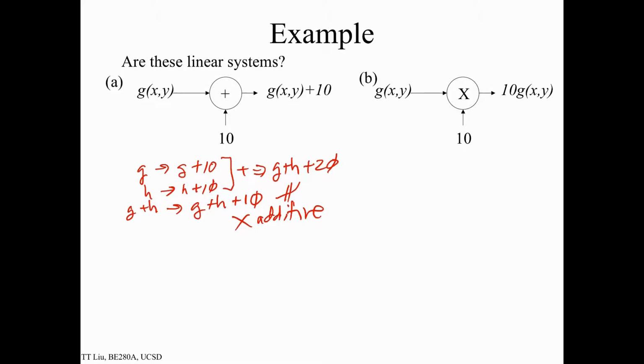Similarly, we can think about multiplying the input by some scalar, say 2G, and in this case the output would be 2G plus 10.